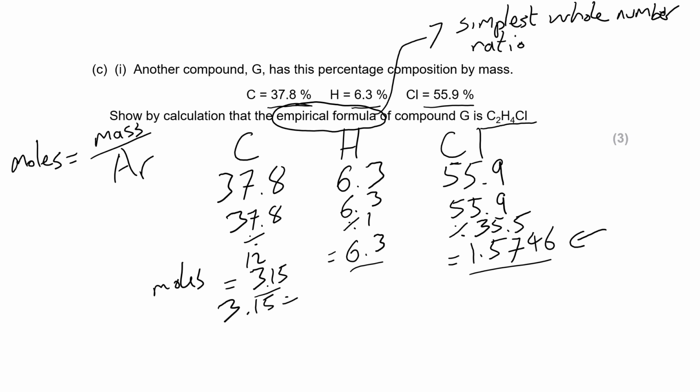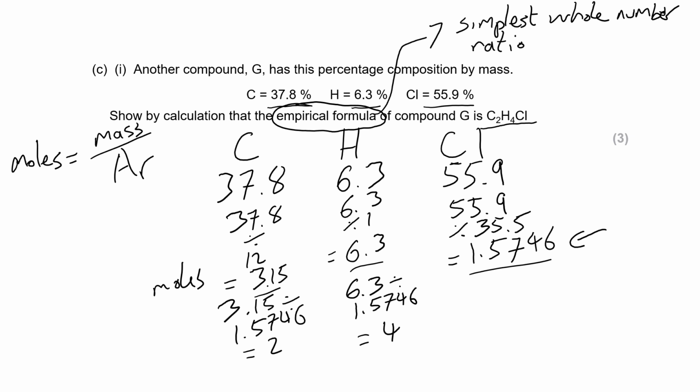3.15 divided by 1.5746 should equal approximately 2.00 or something. Then I'm going to do 6.3 divided by 1.5746, and that equals 4.